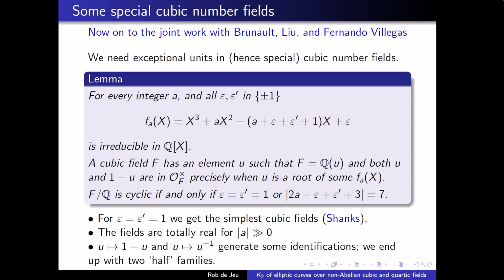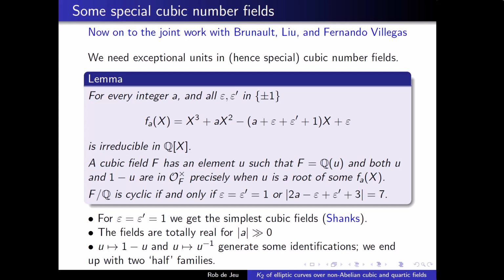Now it turns out that if you take the signs epsilon and epsilon prime all to be 1, this is a well-studied, very classical family of cubic fields, which are cyclic over Q, and the other 3 families are not abelian over Q. In general, the Galois closure will be an S3 extension.